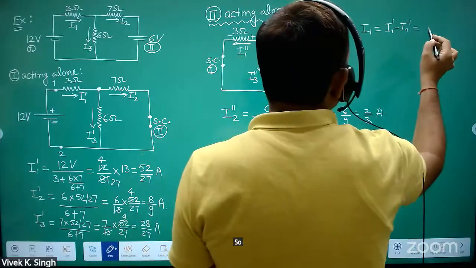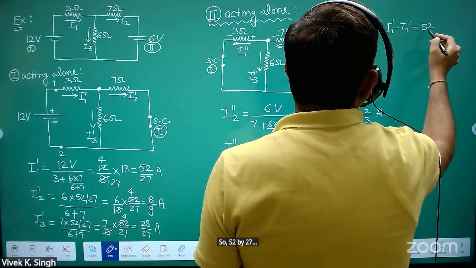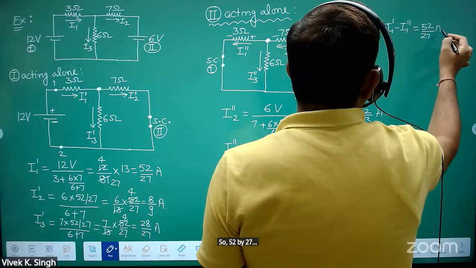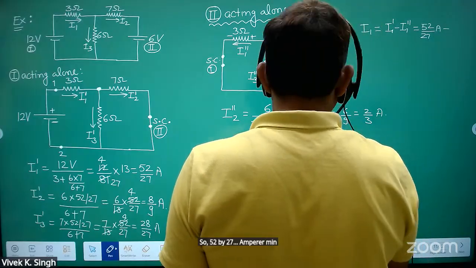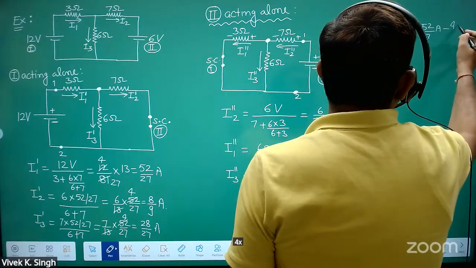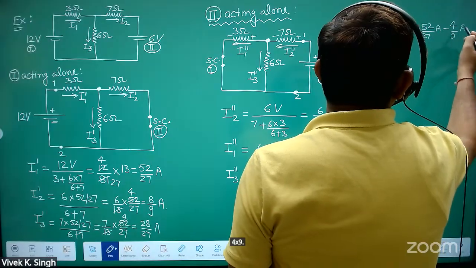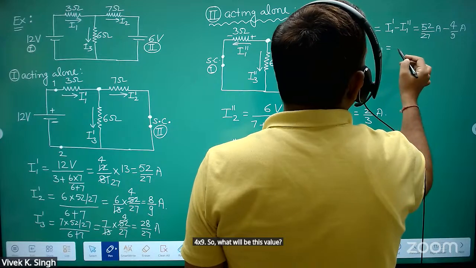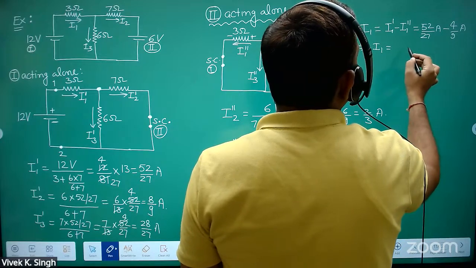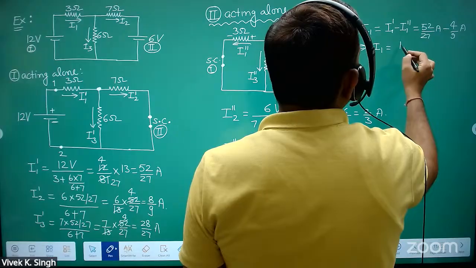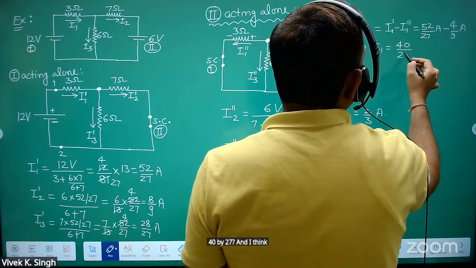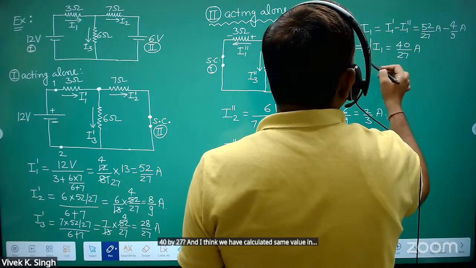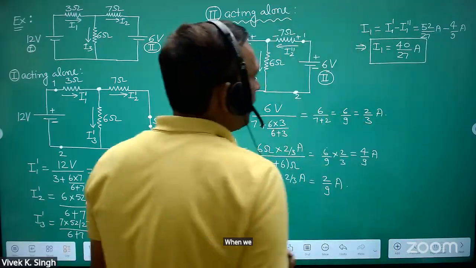So 52 by 27 ampere minus 4 by 9. So what will be this value? 40 by 27.